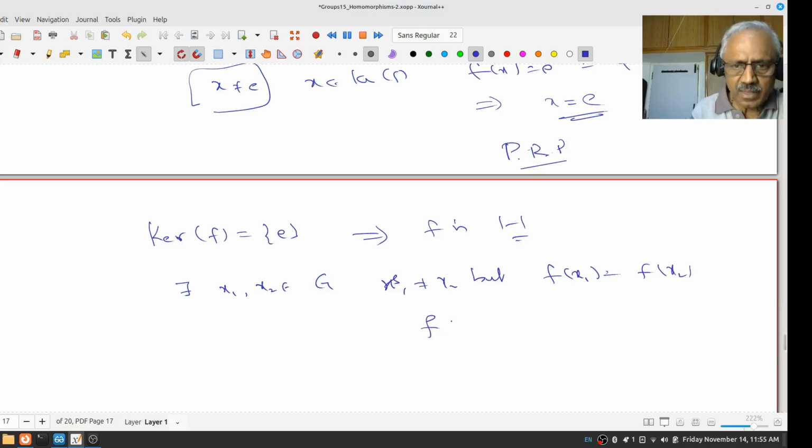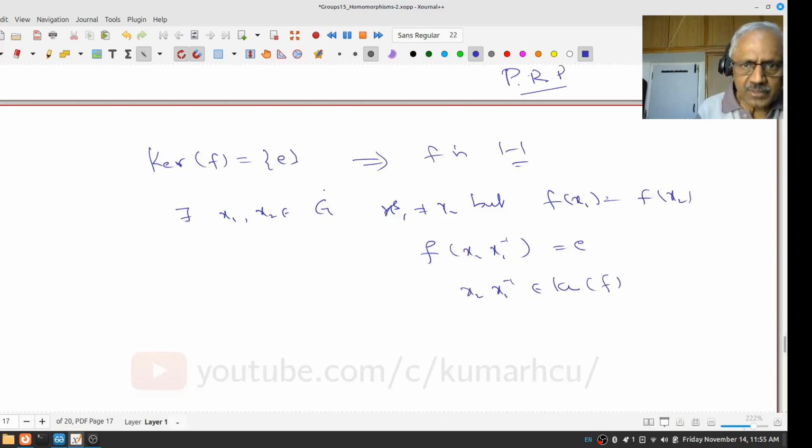But then as we saw, f of x2 x1 inverse is identity. That means x2 x1 inverse is in kernel of f. But remember, x1 is not equal to x2, therefore x2 x1 inverse is not identity. Therefore, there exists a non-identity element in the kernel. That's a contradiction to our hypothesis. Therefore, f has to be 1-1.